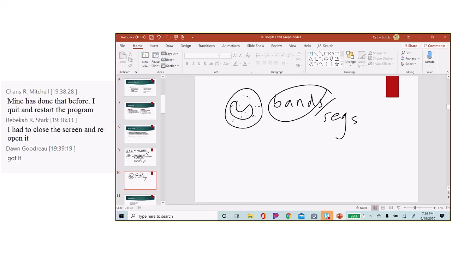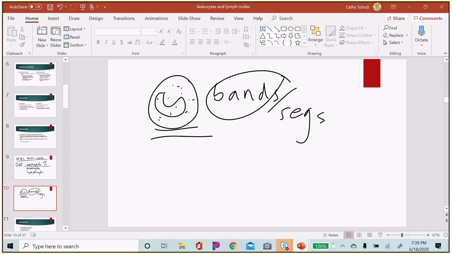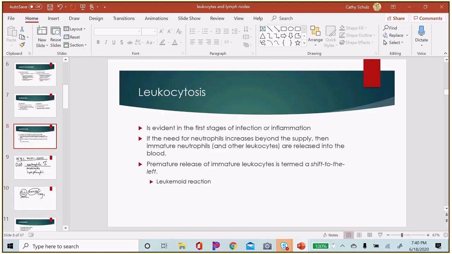Because if you have a high white blood cell count with more neutrophils and there's evidence of immature neutrophils, that means the body is responding to an acute infection, most likely bacterial in nature. And that is what is called a shift to the left. So when you're looking at a white blood cell count, besides the patient's story and symptoms, that can give you some information as well.